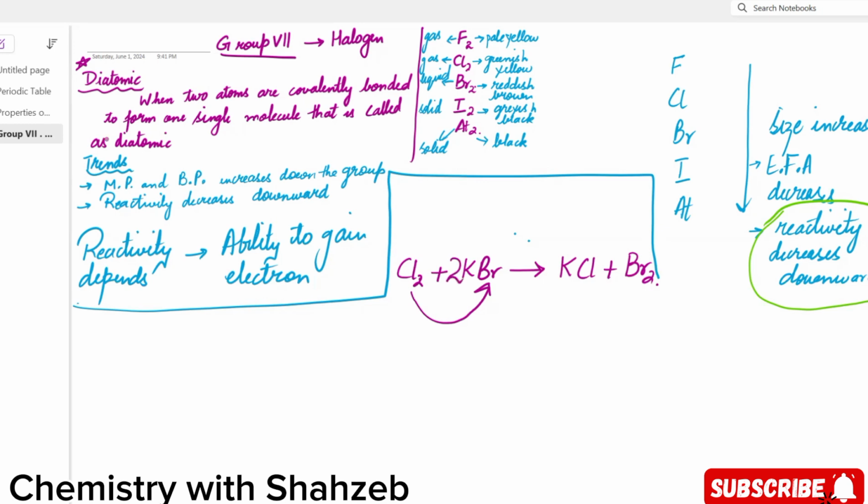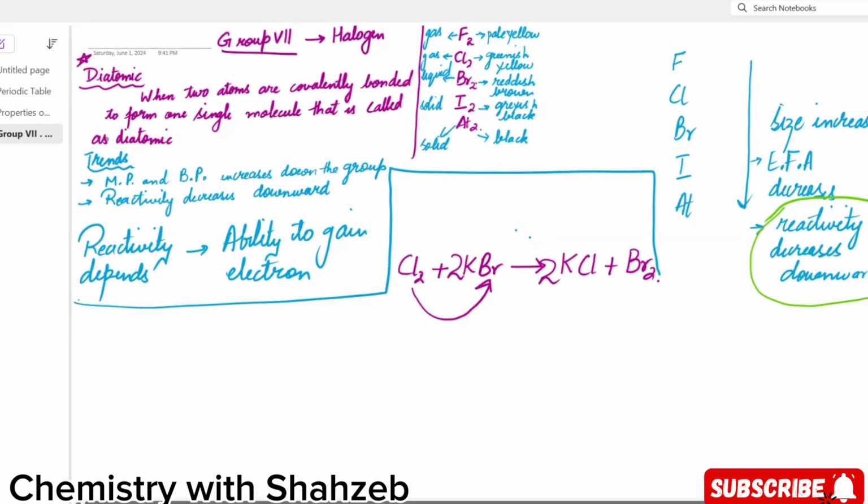As chlorine is more reactive than bromine, that is why it has displaced bromine. Now we are going to balance it like this. Let's discuss their states. Cl2 is a gas, and here it is in aqueous form, and this bromine is in liquid form. Now let's take some more examples. Cl2 reacts with KI.